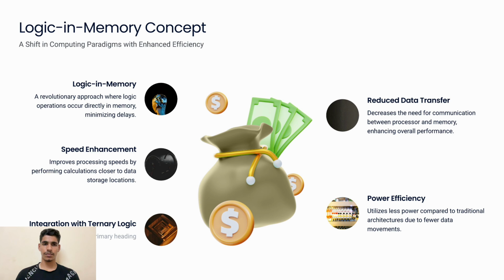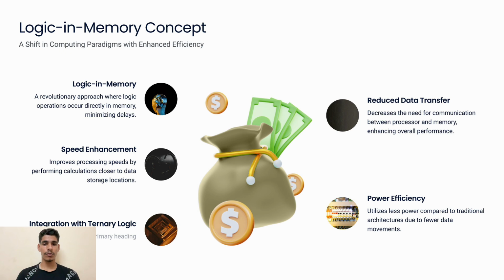Next, logic in memory is a powerful concept that aims to reduce the need for frequent data transfers between the processor and the memory. By performing logic operations directly within the memory, we can achieve significant improvements in both speed and energy efficiency.